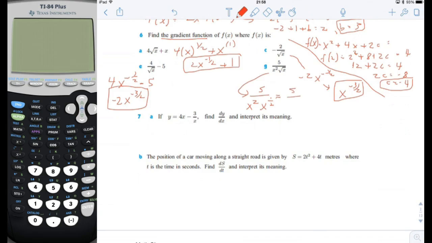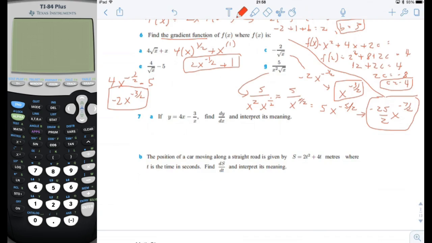I get 5 over x to the 2.5, which is also known as 5/2, right? So that's the same thing as 5 times x to the negative 5 halves, and now we can just use the power rule again. We're going to have 5 times negative 1 half, which would be negative 25 halves x to the negative 7 halves.